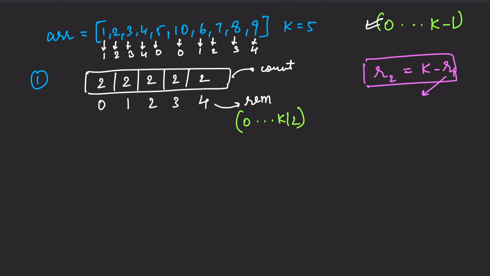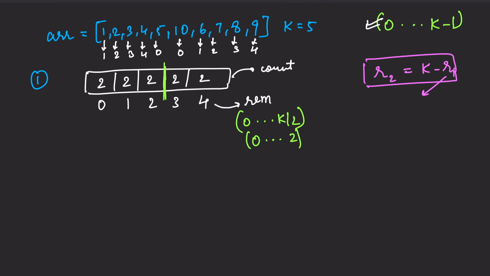Here k is 5, so it will be 2. So 0 to 2. Why is that? Because after this point, we would just be checking the same pairs again, so it doesn't make any sense to do that. That's why, to optimize it a little more, we only check till k by 2.